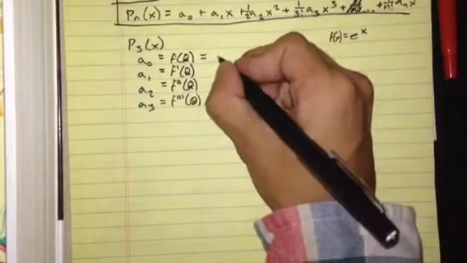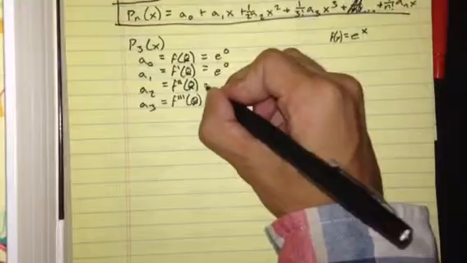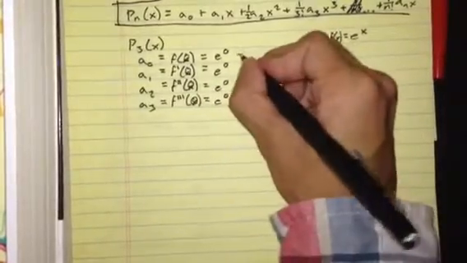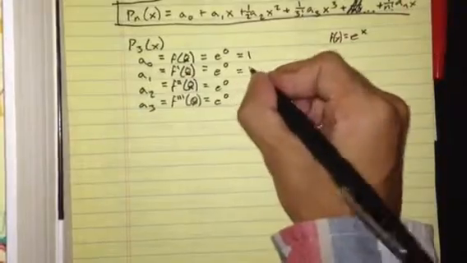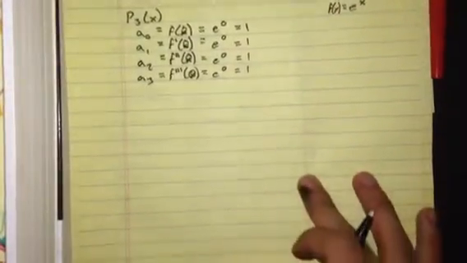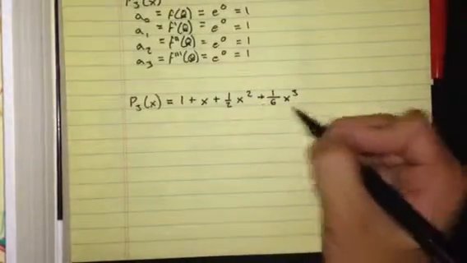Whoops. So basically we have the same situation as before. The beautiful thing about finding all the derivatives is they're all e to the x, so plug in 0, you get 1 for all your values. So there's your third degree polynomial for e to the x.